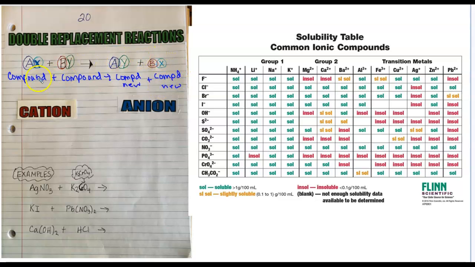Now, the way that this happens, if you'll look at my color coding here, you will always have, in the beginning, when you write a compound, the cation first, the positive first. So in both of these, we have our positive. So again, a cation is an ion that has lost or given up electrons.